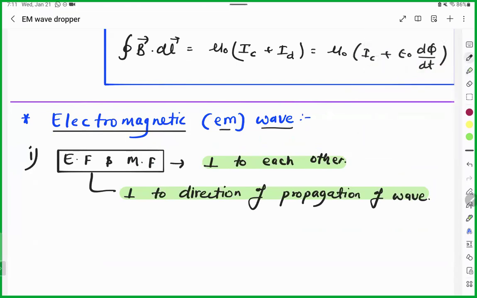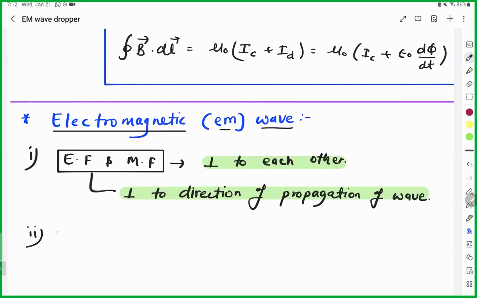So first point. Second point: when electromagnetic waves are produced, it is because of an accelerated charge. The charge is continuously changing its speed, because if the speed is fixed, then you won't have a variable charge. Right? If it is not a variable charge, what will happen? There won't be electric field and magnetic field in variable form.